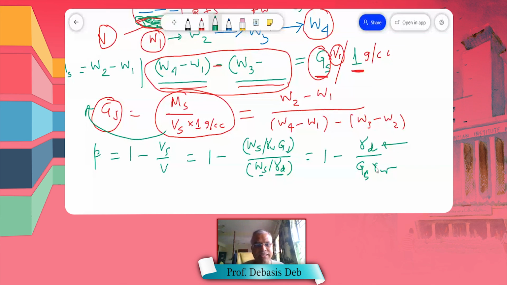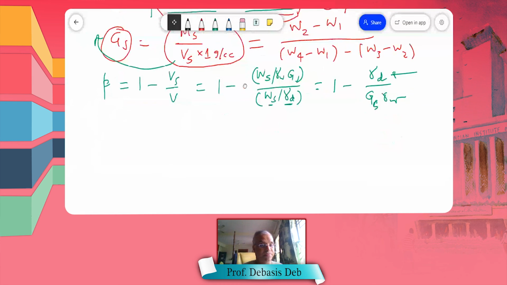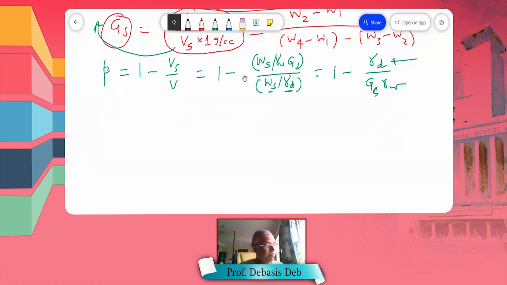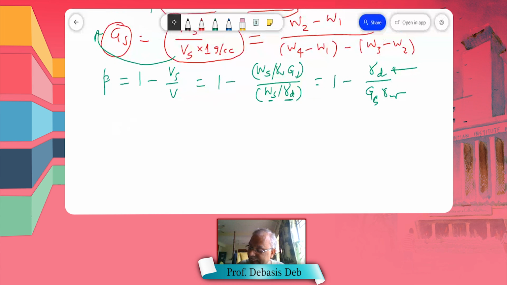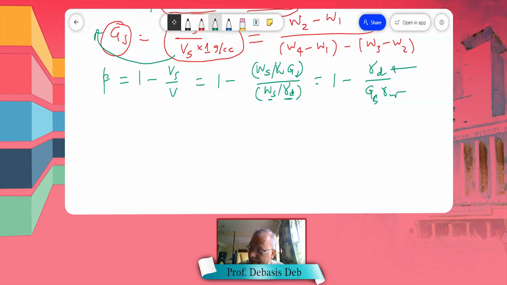I can give you a quick problem if you'd like to do it very quickly. If you have a calculator and everything in front of you, the diameter of the sample is 22 millimeter.